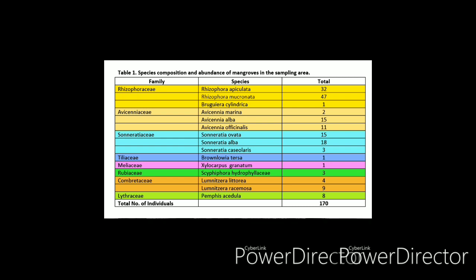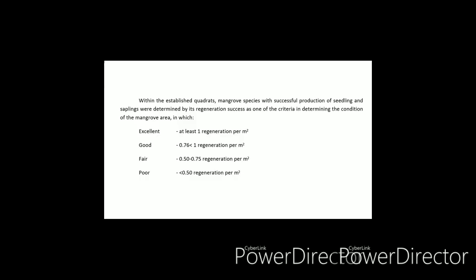In Lythraceae, Pemphis acidula with a total of 8. The total number of individuals is 170.